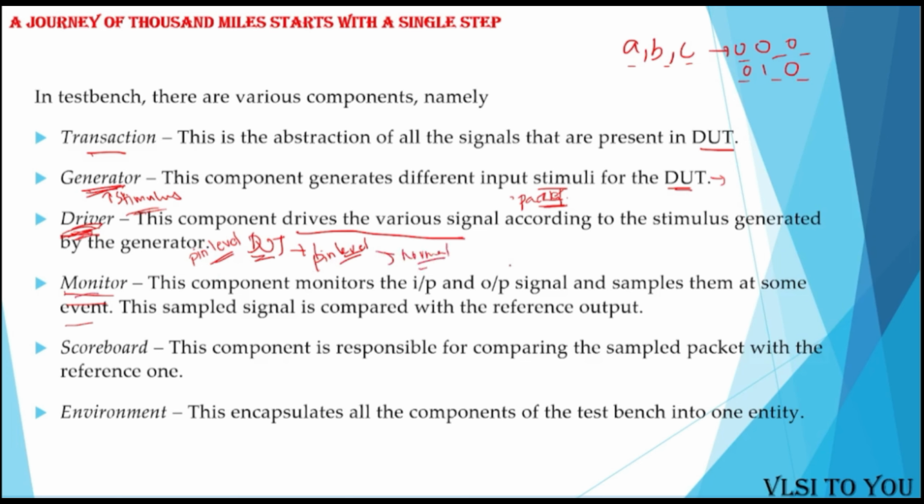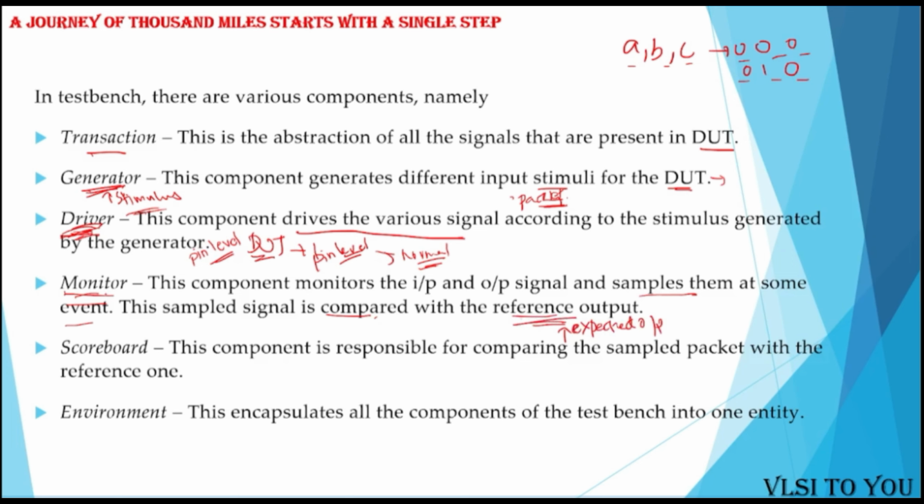That means it will be sampling them, and this sampled signal, the normal output, is then given to the scoreboard for comparison. This sampled signal is compared with the reference output. Reference output is nothing but, as I told you, the expected output that you will have in the scoreboard. This expected output is also called the reference output.